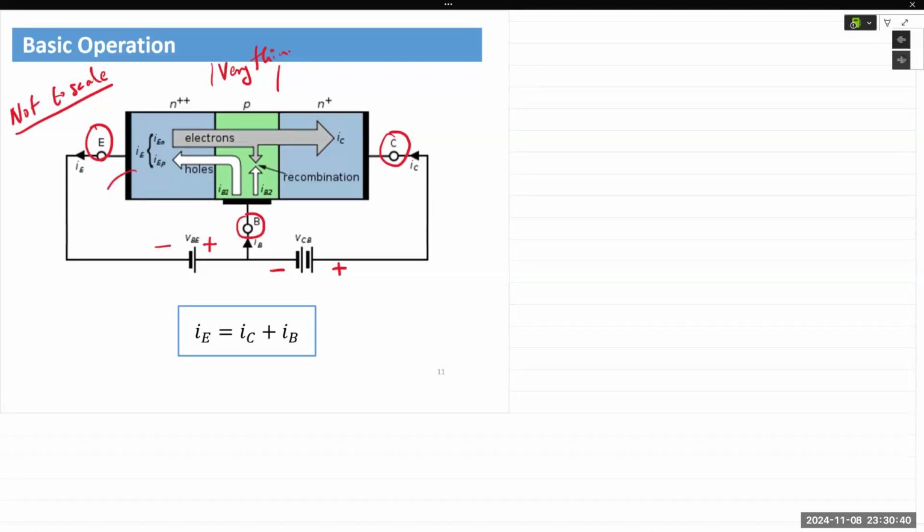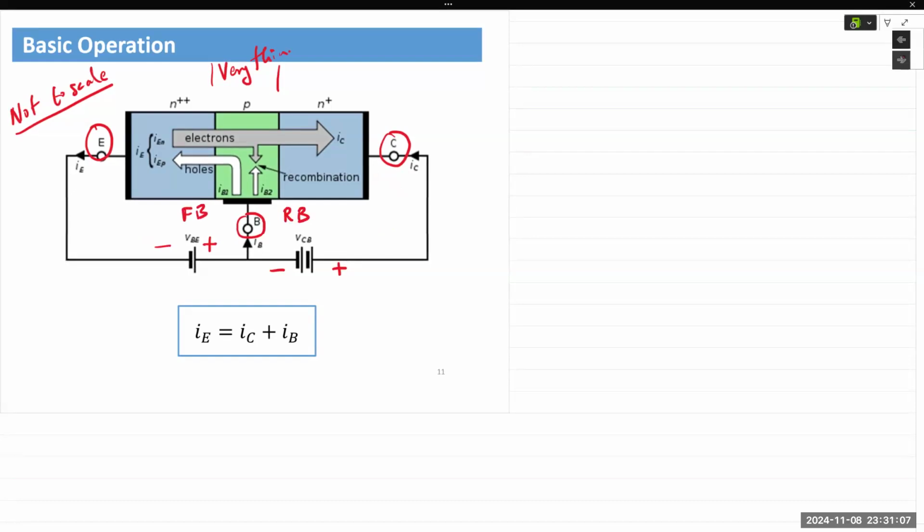The N-type region is connected to the negative end of the voltage source. And at the same time, the collector region is reverse biased. Right there, we have an N-type region that is connected to the positive end of the source. So this is forward bias and this is reverse bias.